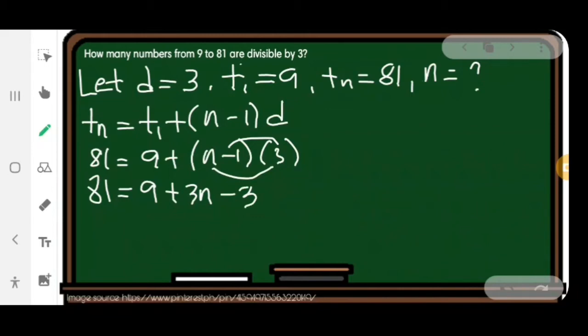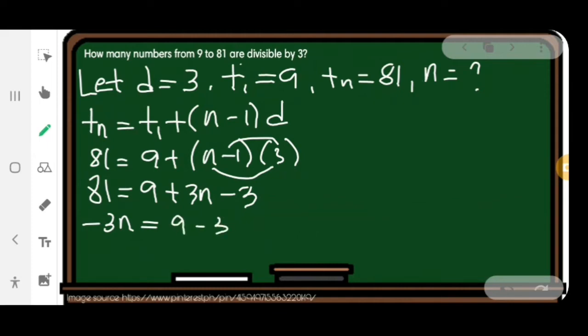Now combine like terms. That means we need to transpose positive 3n to the left side of the equation, because we always write the unknown in the left side of the equation. So since it is positive on the right side, it will become negative on the left side. Then copy 9 minus 3.